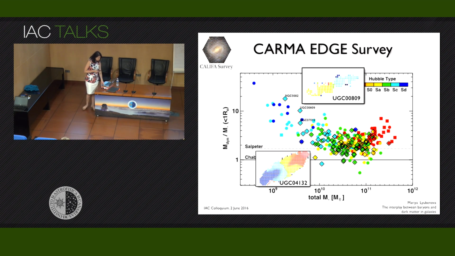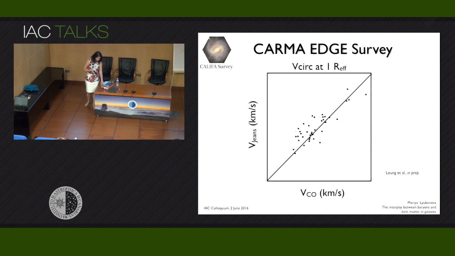And the good thing of having CO observations is that the CO gas is assumed to be in a thin plane, so it is very easy to obtain, from the rotation curve, from the circular velocity, the total mass of the galaxy. And this is how the relation between the circular velocity, which directly translates to the total mass of the galaxy, between the CO data and the JAM modeling looks like.